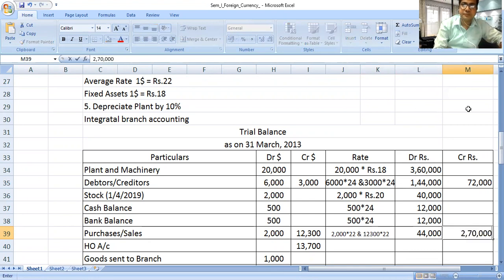Right? Yes, right Vijay. Shama also got 44,000.